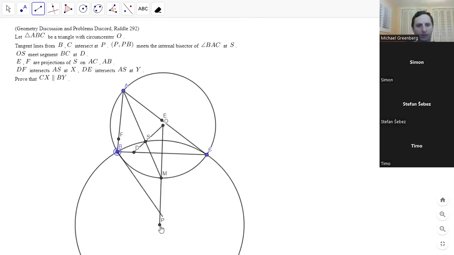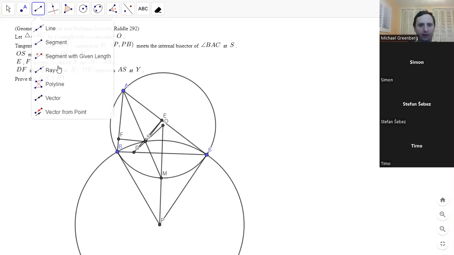So we have PB and PC for the tangents, and then we drop a perpendicular from S to both those sides. And we see where DE and DF intersect that angle bisector. This is a tricky diagram.